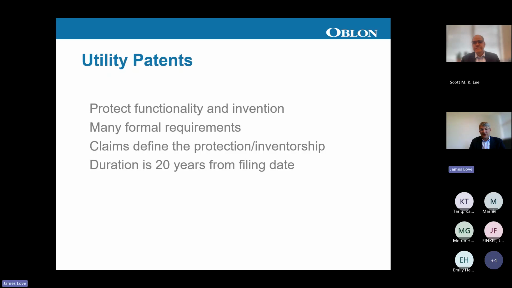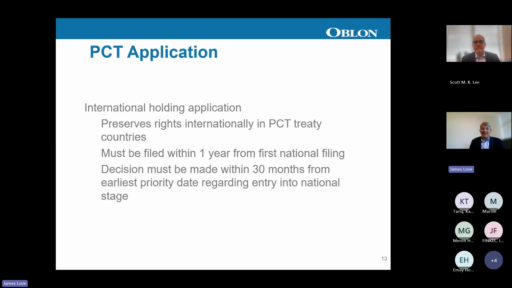Okay, so I mentioned US applications, and then you might think, okay, what do I do if I want to protect my application in a lot of countries, and I don't only want it to be protected in the US? Well, there's something called a PCT application. So you heard earlier I mentioned a provisional application that's a holding application. It keeps and gives you rights in the US after that year.